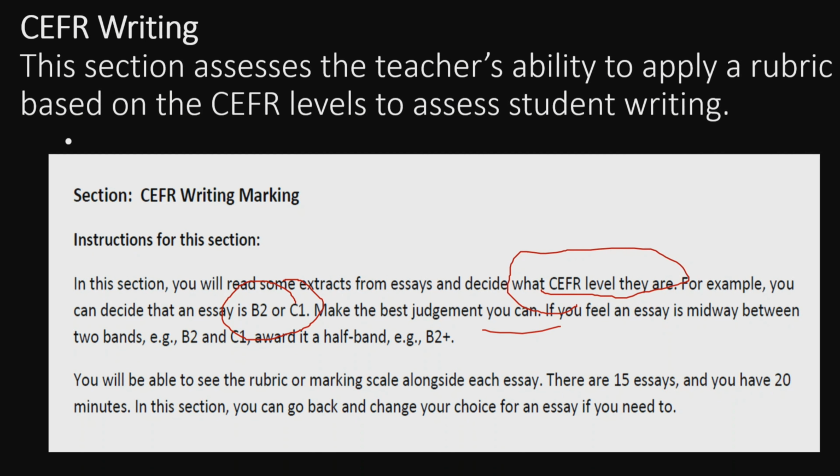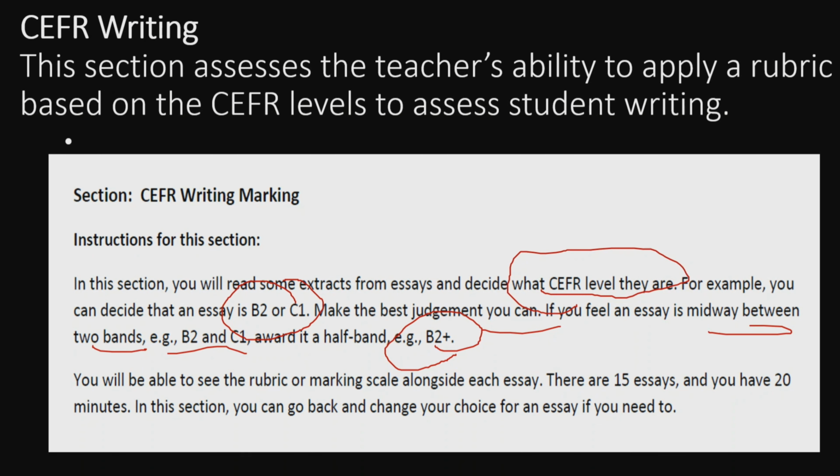That's why you need to have a thorough knowledge of all the levels, learn all the descriptors belonging to A1, A2, B1, B2 and till the end C2. If you feel an essay is midway between two bands, that is B2 and C1, award it a half band, that is B2 plus, that is called pre-advanced level.